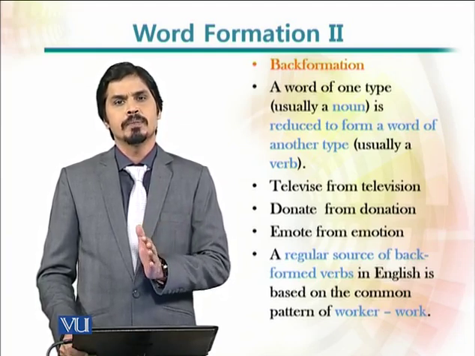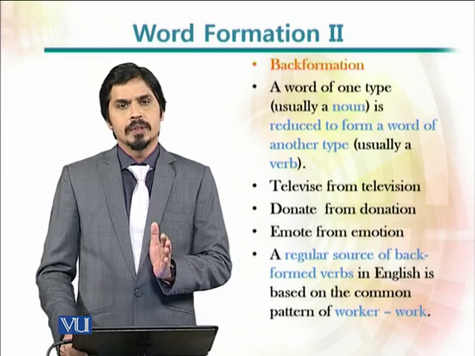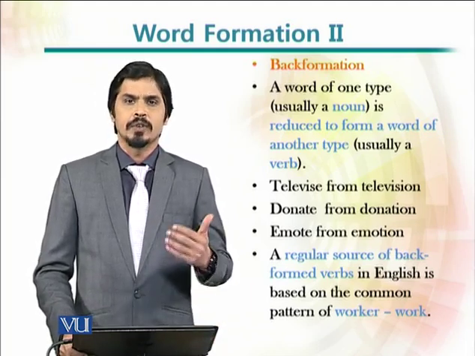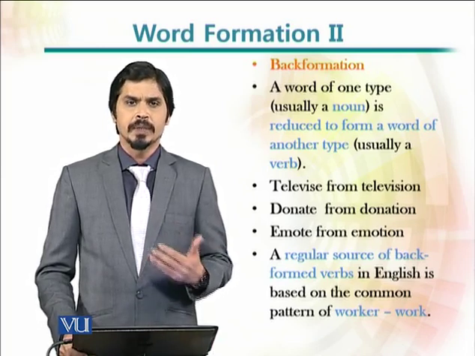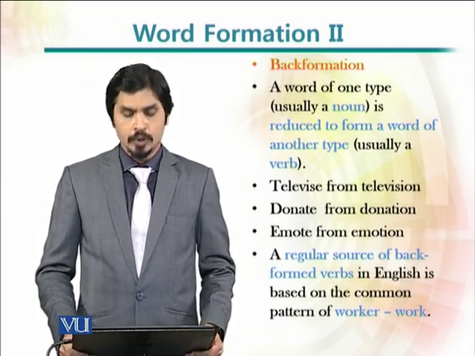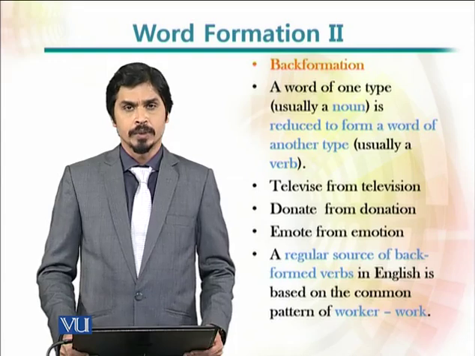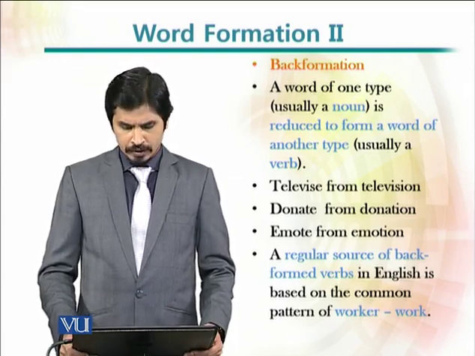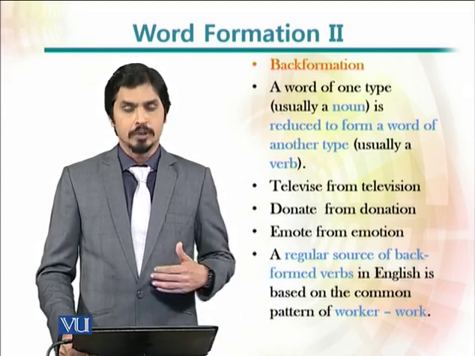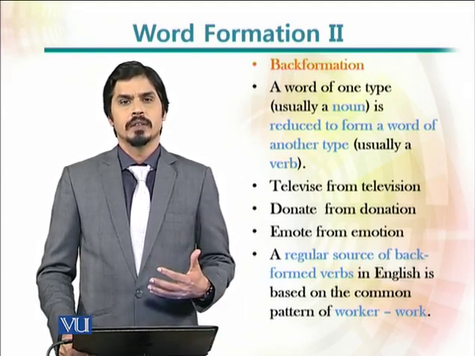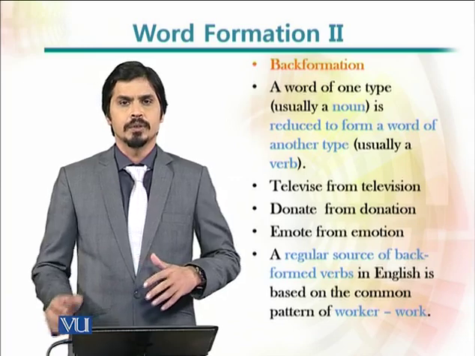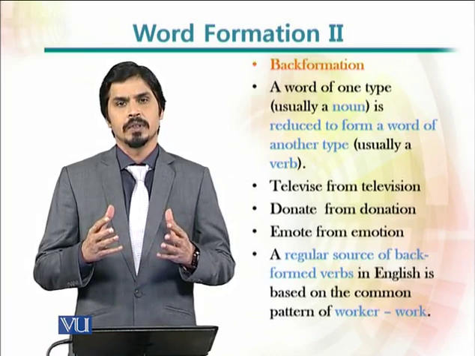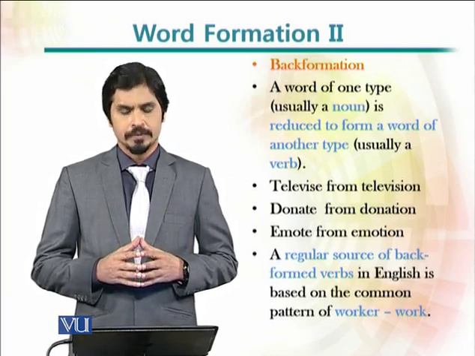For example, we may produce a verb from a noun, and a typical example is televise from television. Some other examples could be emote from emotion, donate from donation. And a regular source of backformation verbs in English is based on the common pattern of work and worker. We produce verbs from nouns.